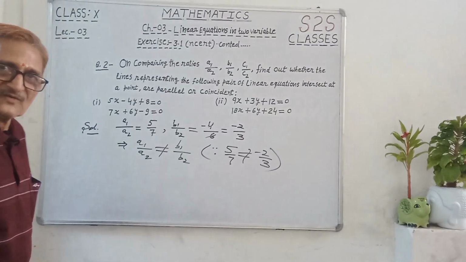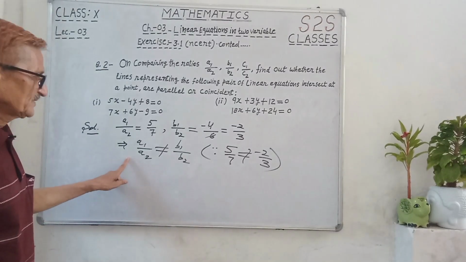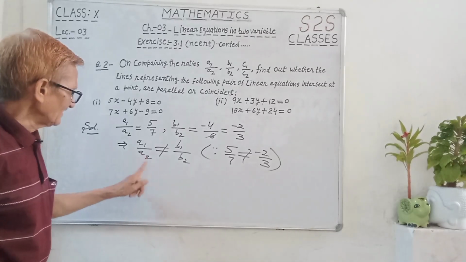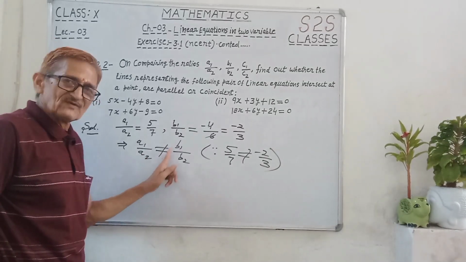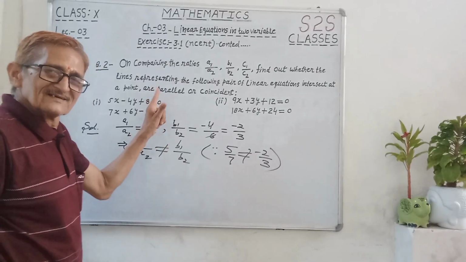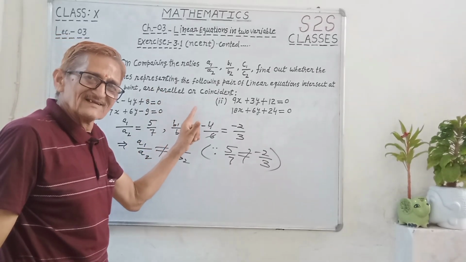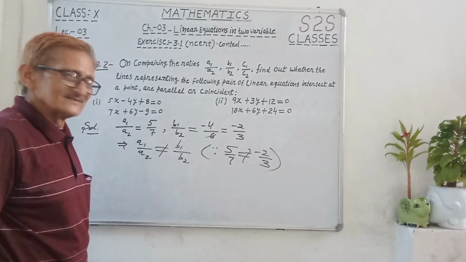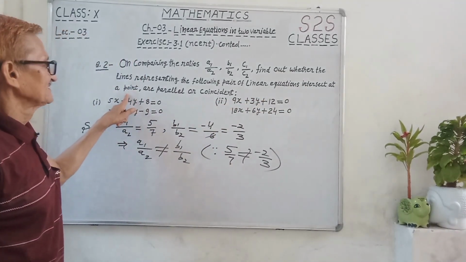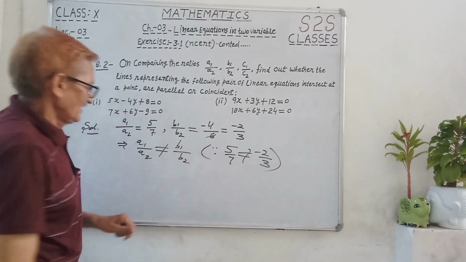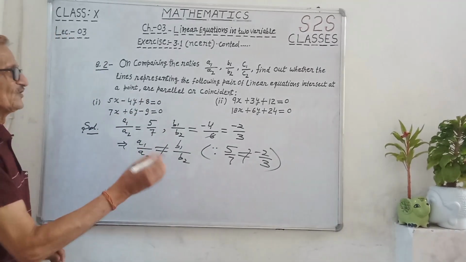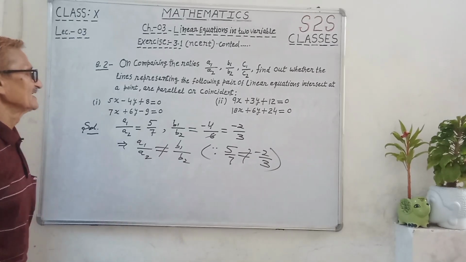Okay. Now after this we know that if A1 upon A2 is not equal to B1 upon B2, then the lines are intersecting. So it means here the equations intersect at a point. Okay, so we have to say that the lines representing the following pair of linear equations intersect at a point.